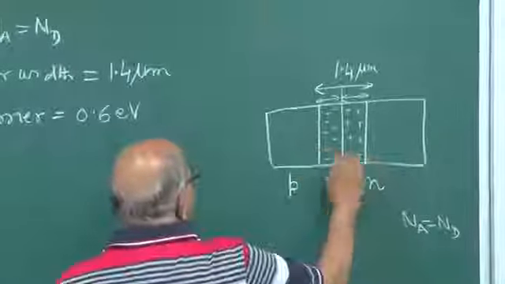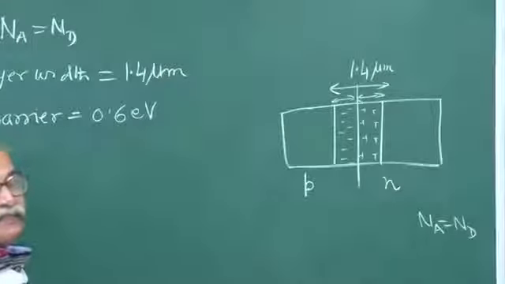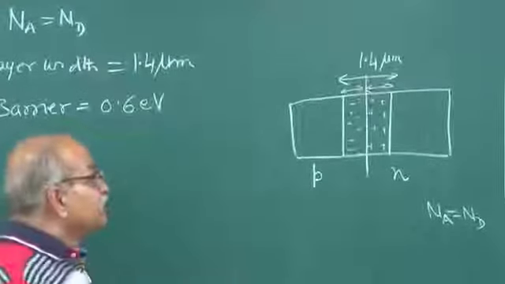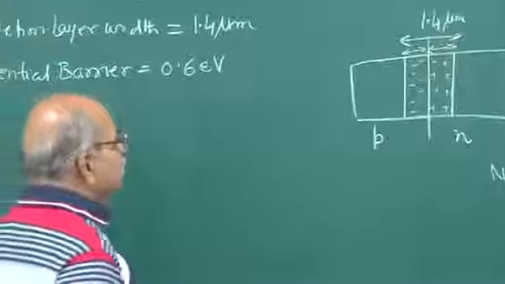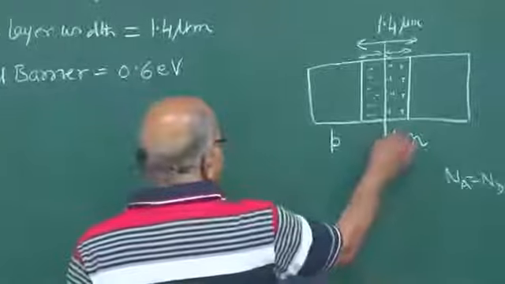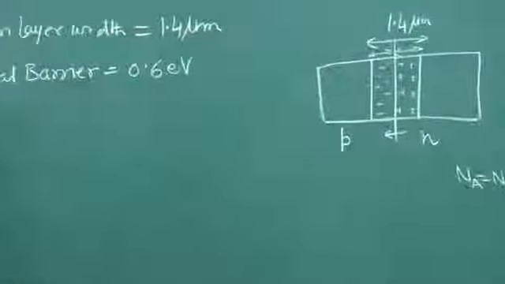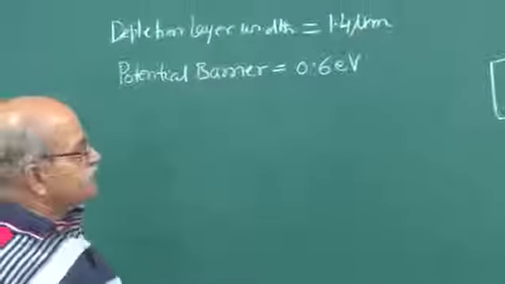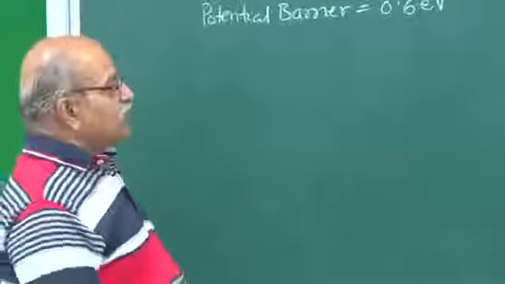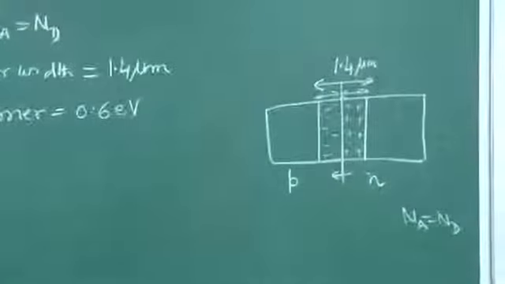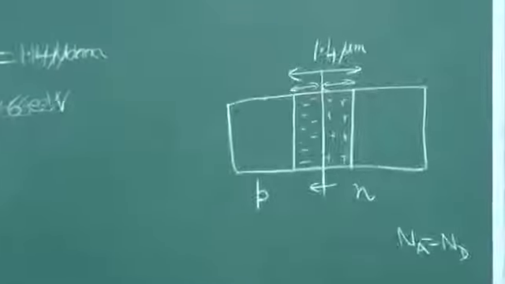So you will have charge density in the depletion layer, no charge carriers but charge density, and then you have electric field and potential difference. The potential of this n side is raised as compared to the potential of this p side, and that barrier is 0.6 eV.